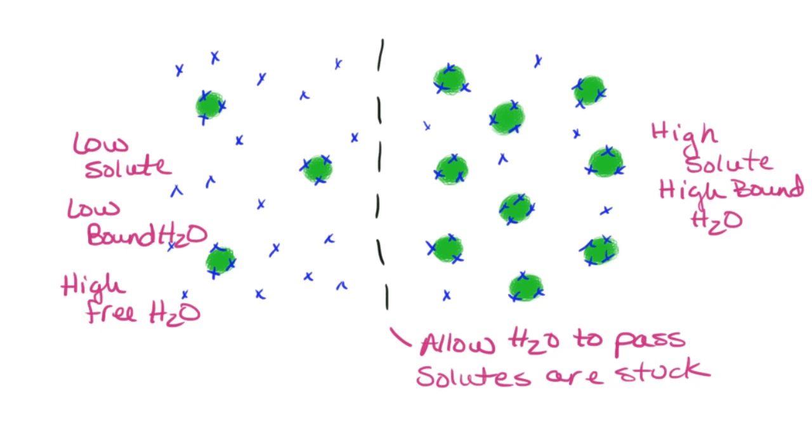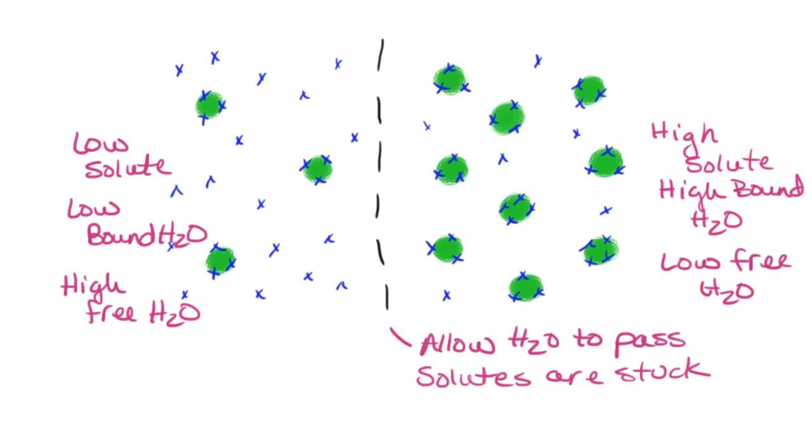So we end up with a higher free water concentration. When you do have a high solute concentration, most of the water is going to be bound water. So over here we have a low free water concentration. With osmosis, it is the free water that is doing the diffusing.